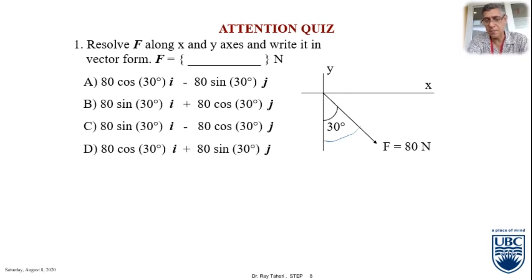So if you want to use the same angle, F cosine 30 is y, and it is going to be negative. So far this is correct. This is the y. X is 80 sine 30. So you can see that this is the correct answer.